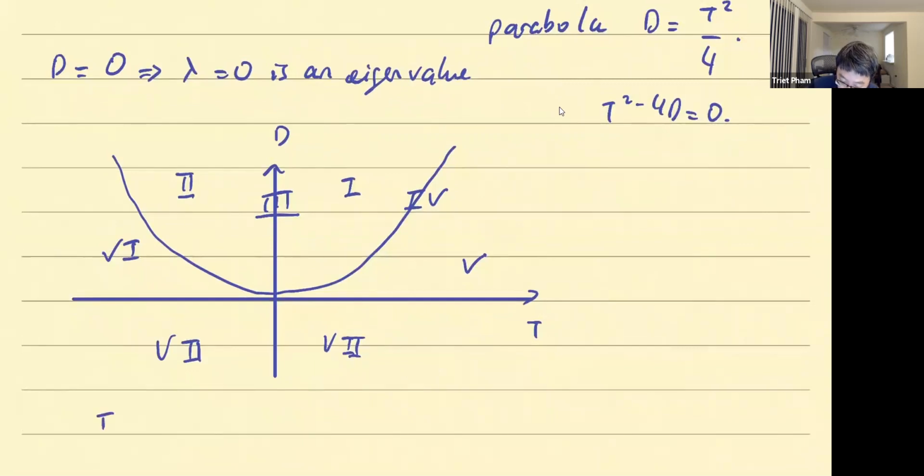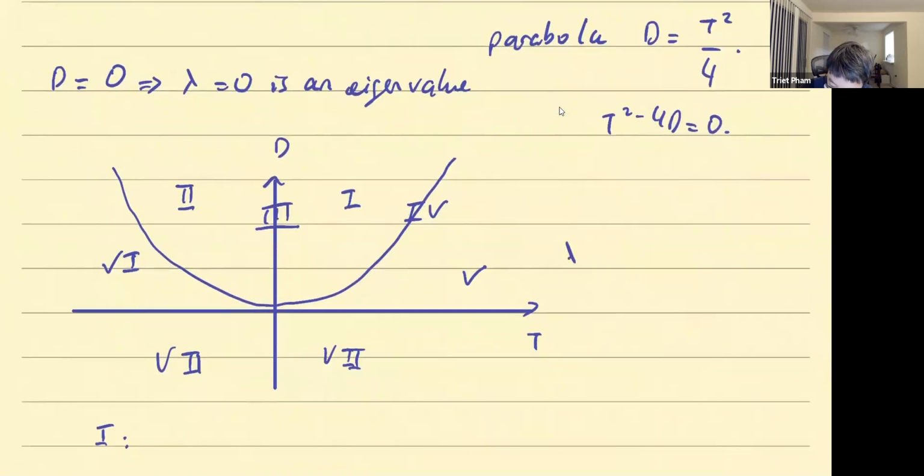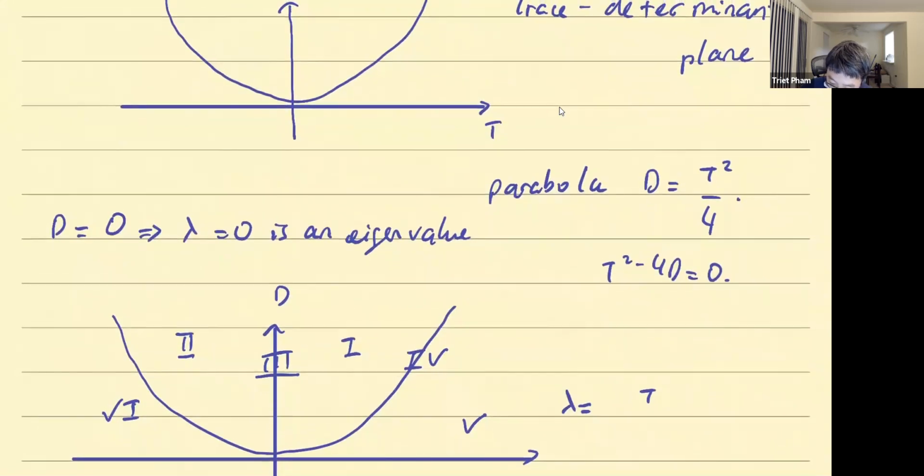What do you think 1 is? By the way, let's look at this. We have the solution, lambda is plus minus square root of t squared minus 4d over 2.